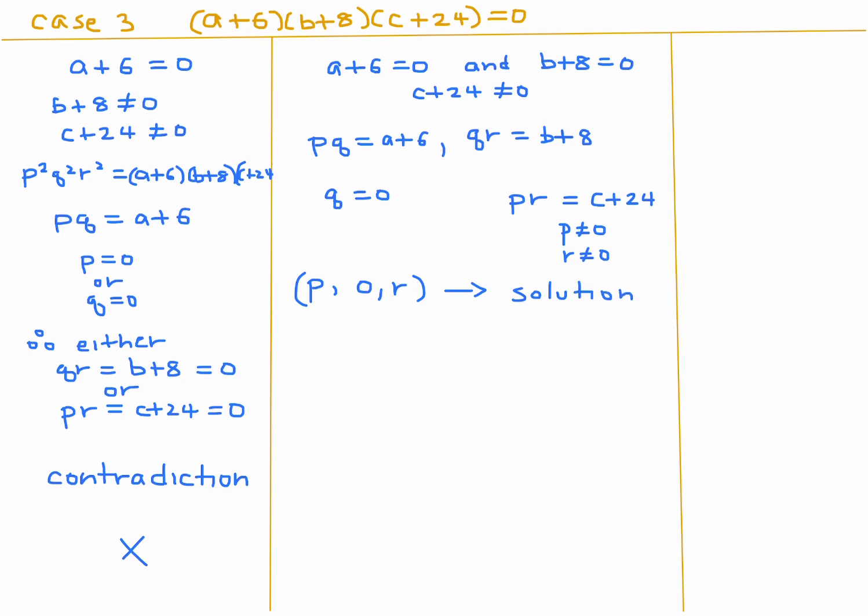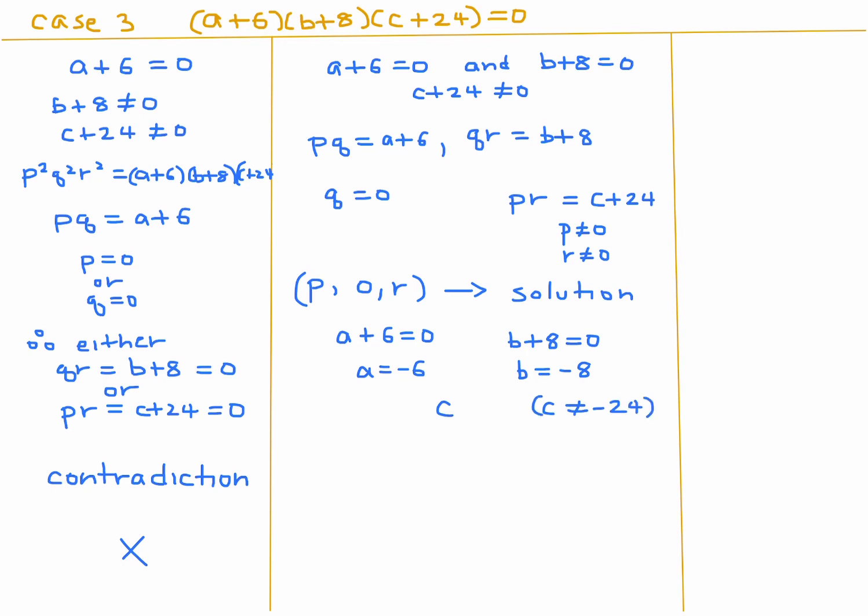So that means A plus 6 is 0, so A will be negative 6. B plus 8 is 0, so B will be negative 8. And C is anything. C plus 24 is not 0. So C can be anything. The only thing it can't be is negative 24.